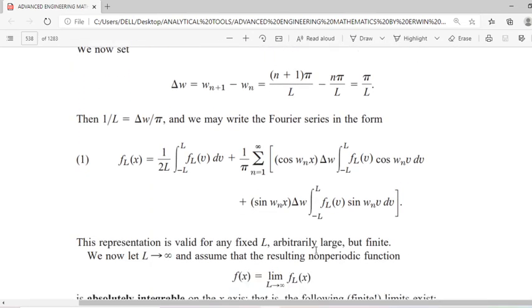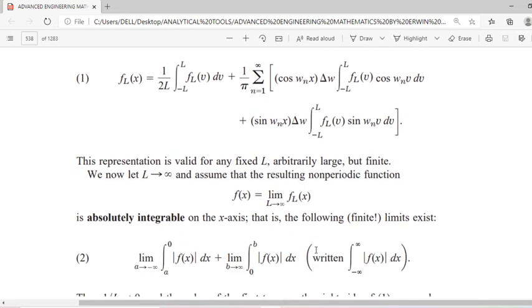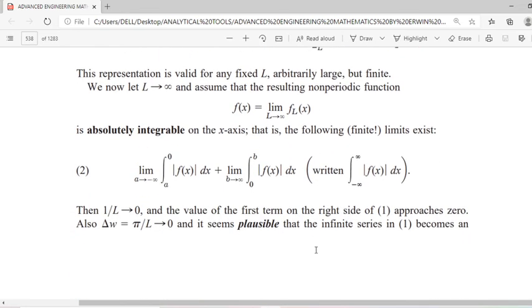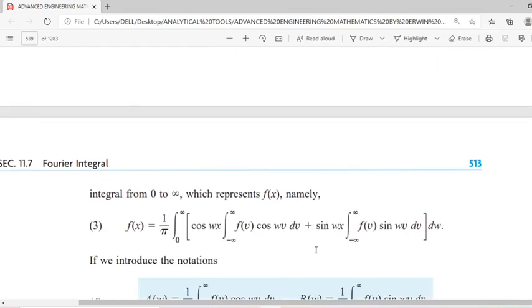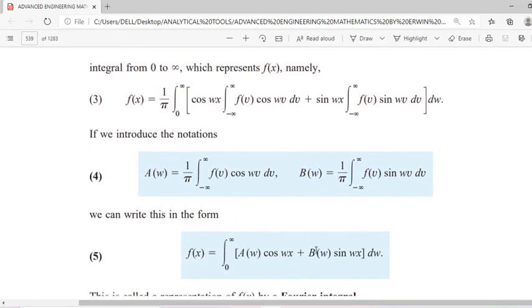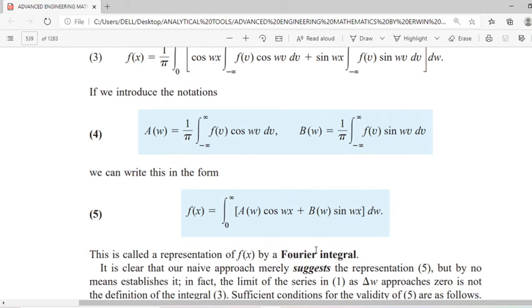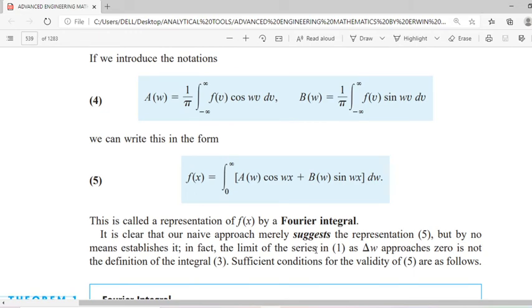We have used some substitutions and some absolute results in the existing integration theory, and we have substituted the integrals inside the brackets as a(w) and b(w), and you get f(x) like this. So this is called the Fourier integral.